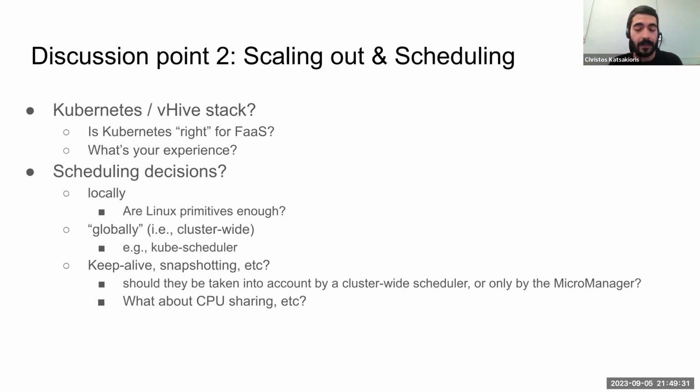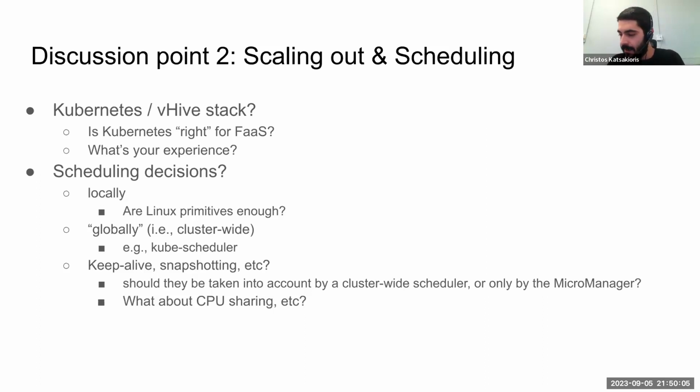Should each node's resources be allocated by a cluster-wide scheduler or by a local resource manager? We believe this is an open question, and that there's certainly room for decision making locally. Which decisions should be made locally and which globally is a question that we're trying to figure out.